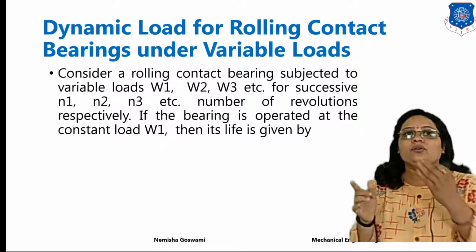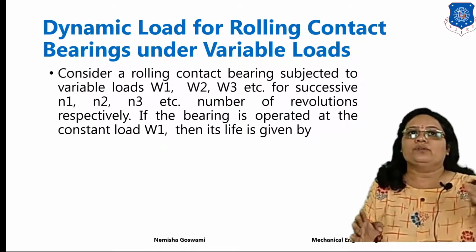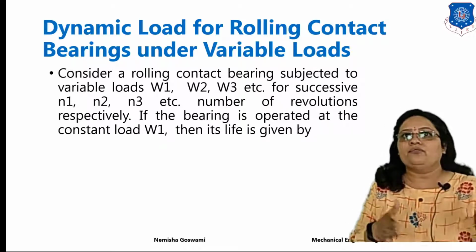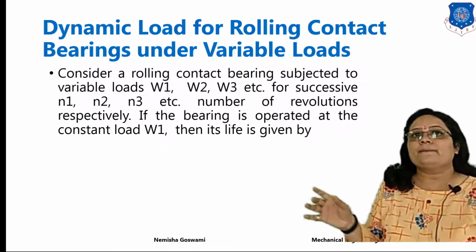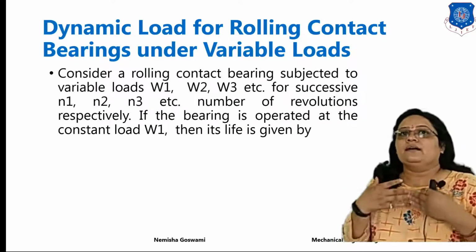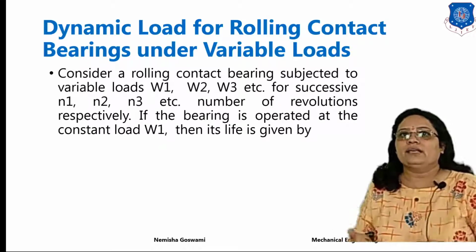Variable load means the load is not constant, the load is continuously varying. So W1, W2, W3, W4, with respect to revolutions N1, N2, N3. For example, we consider the condition under variable load.